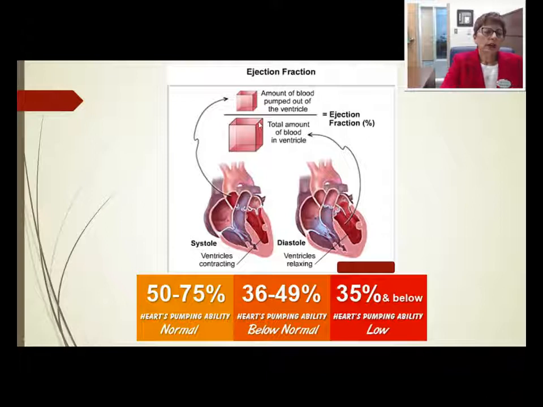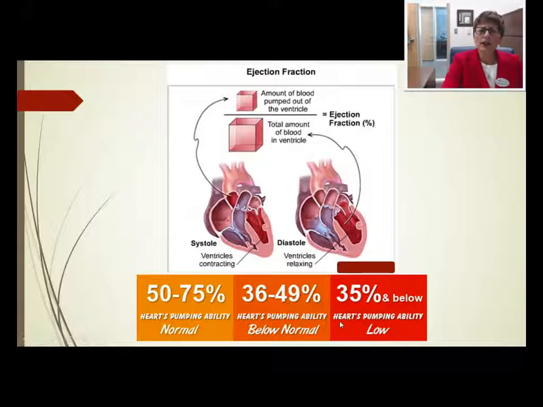Ejection fraction is the amount of blood that's pumped out of the ventricle divided by the total amount of blood in the ventricle. Normal ejection fraction is between 50 and 75%. Below normal is 36 to 49%, and very low is 35% and below.